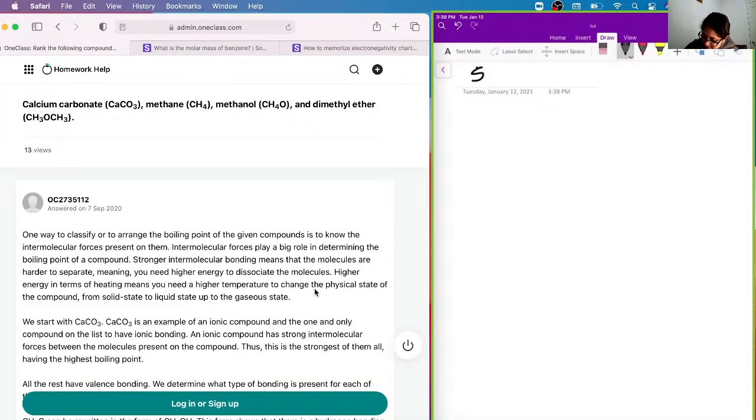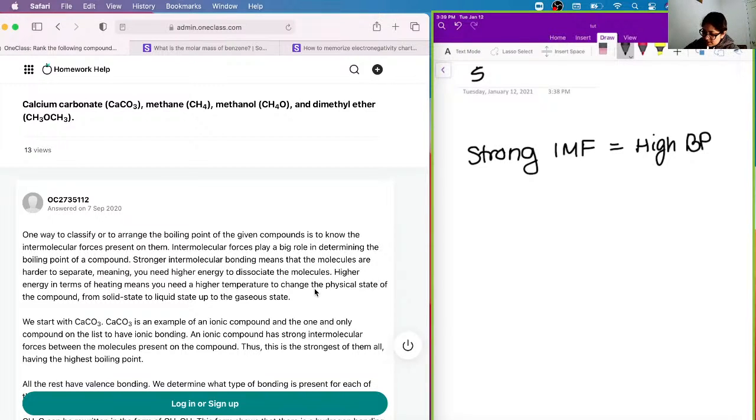So we can say strong intermolecular forces, which I'm just going to write as IMF, is equal to high boiling point. I'm just going to write BP as boiling point. Higher energy is needed in terms of heating, which means you need a higher temperature in that case, right?